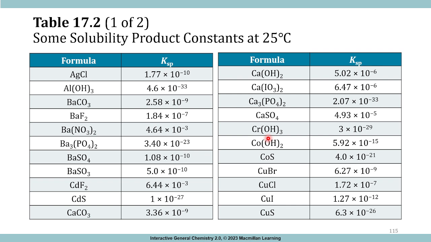All right, so these are some of the solubility product constants at 25 degrees Celsius. If you have a very small number like this right here, what do you think that means? You remember the solubility rules back last semester? Gen Chem 1?